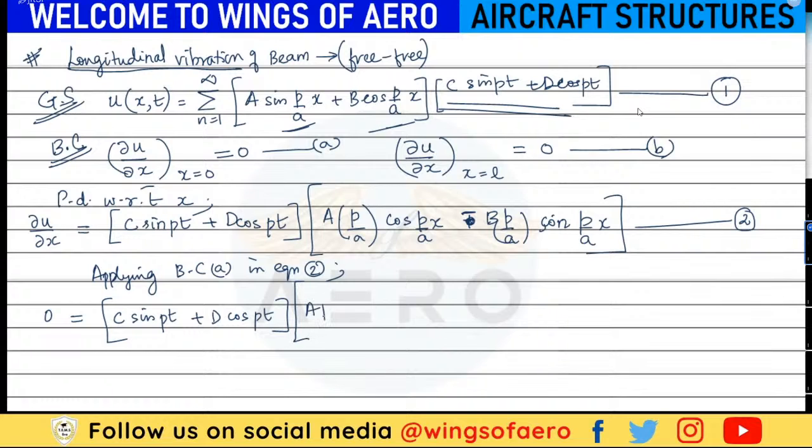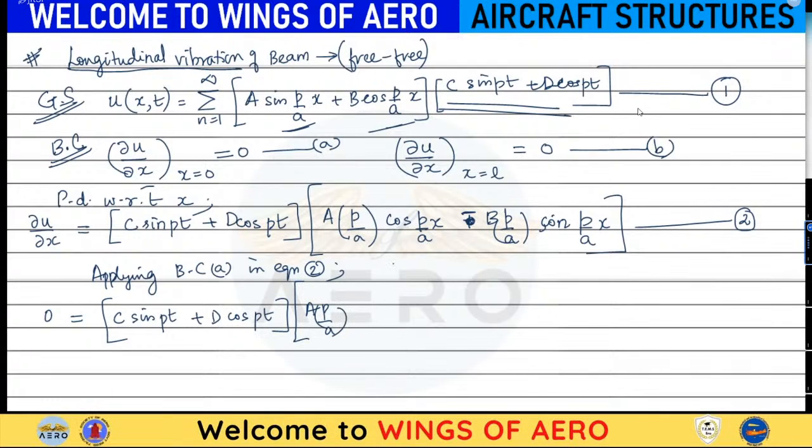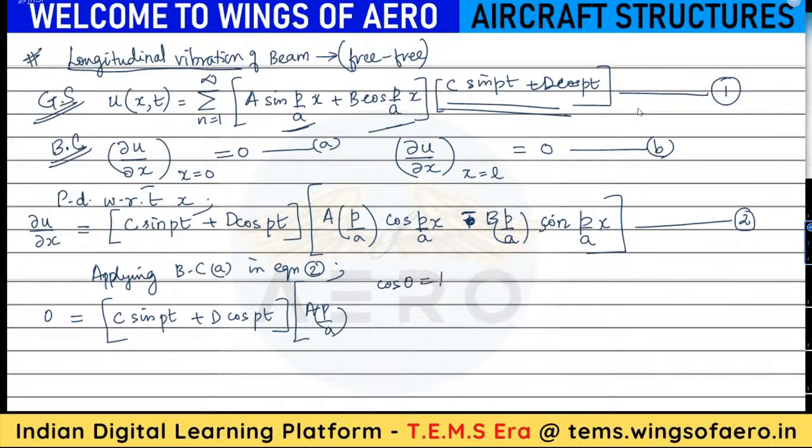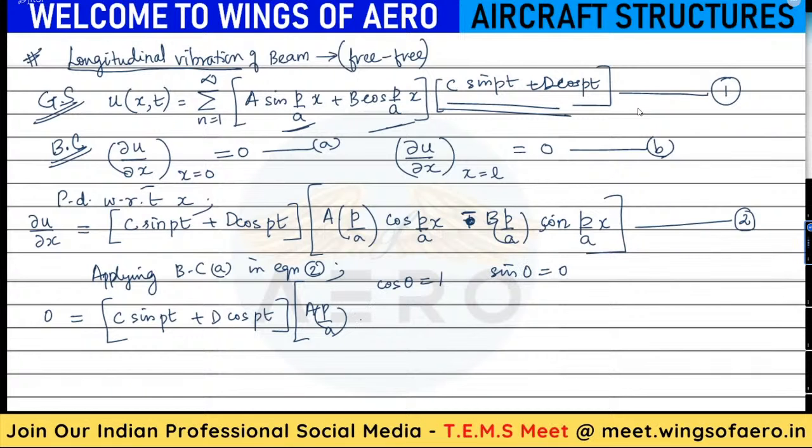Then a p by a cos of 0 becomes 1 and sine 0 becomes 0, so it is 1 minus 0.